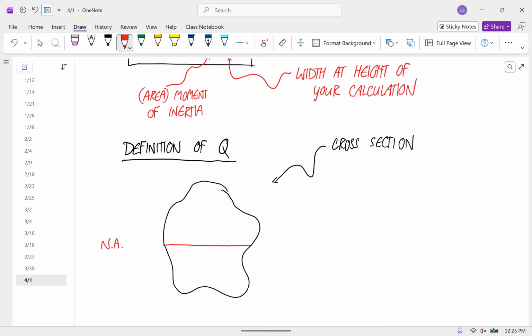How would you calculate where the neutral axis is? What defines where the neutral axis is? You remember? Centroid. Yeah, it goes through the centroid.